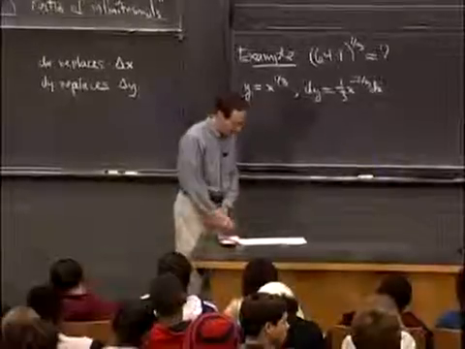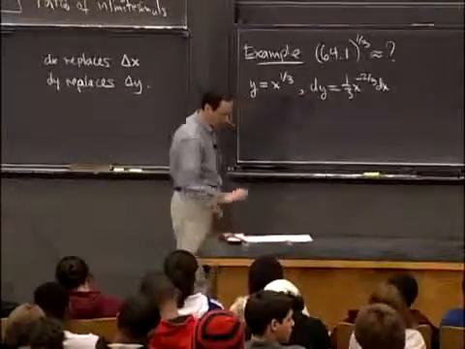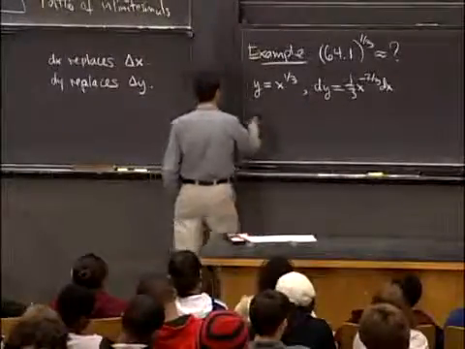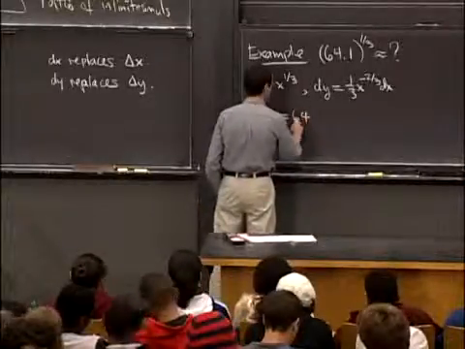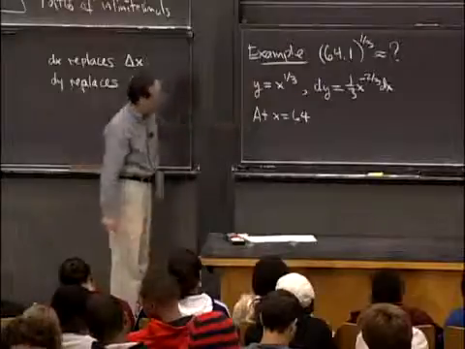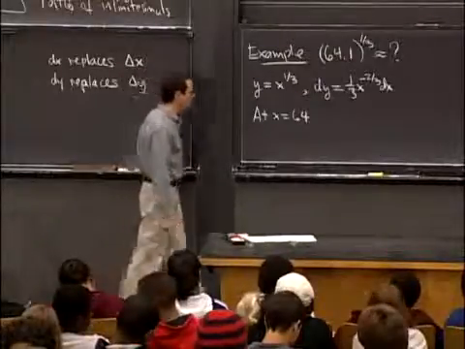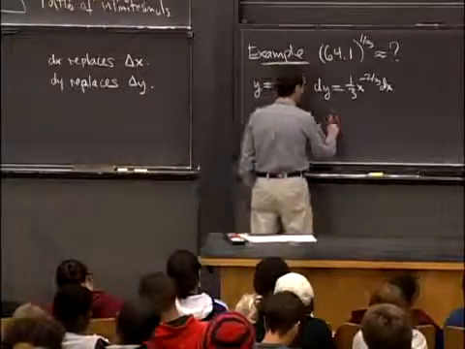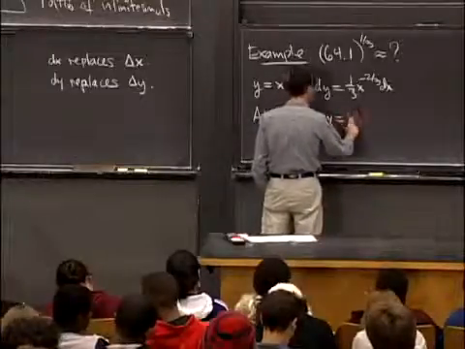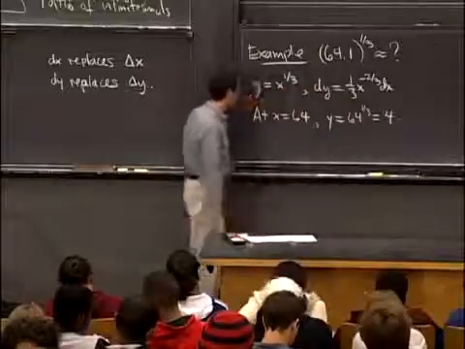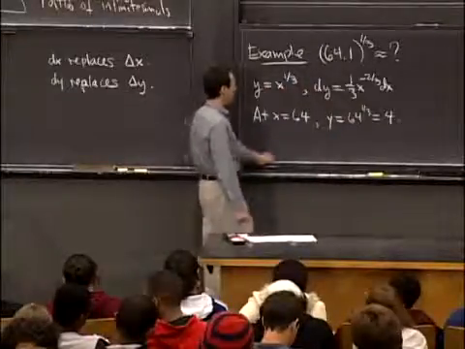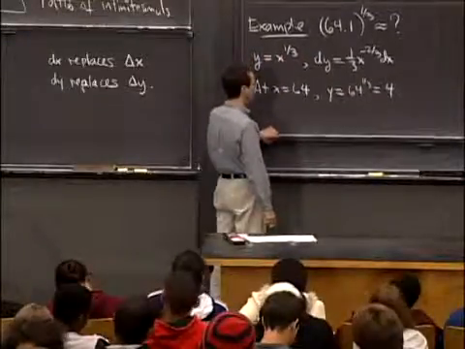And now I'm just going to fill in exactly what this is. At x equals 64, which is the natural place to be close by where it's easy to do the evaluations, we have y equal to 64 to the 1/3, which is just 4. And how about dy?